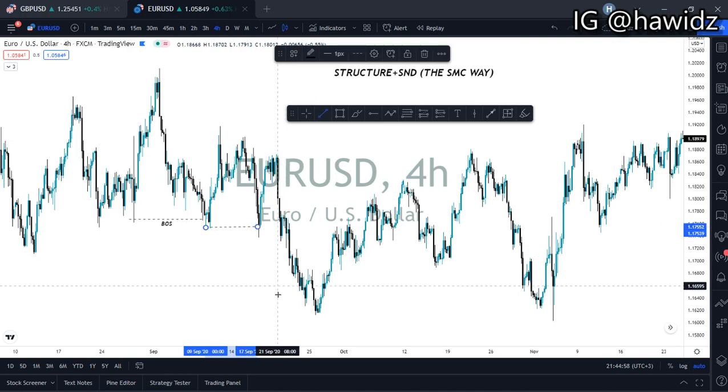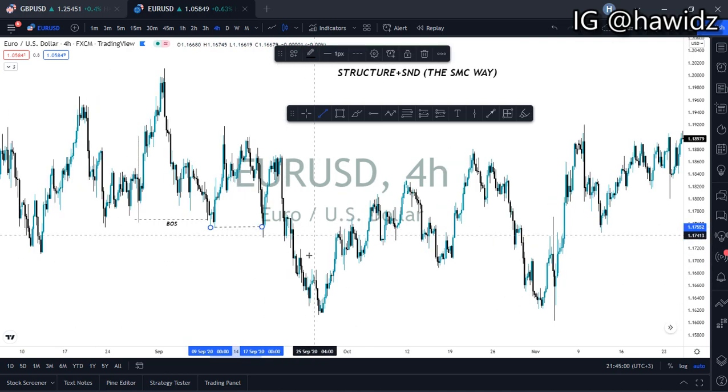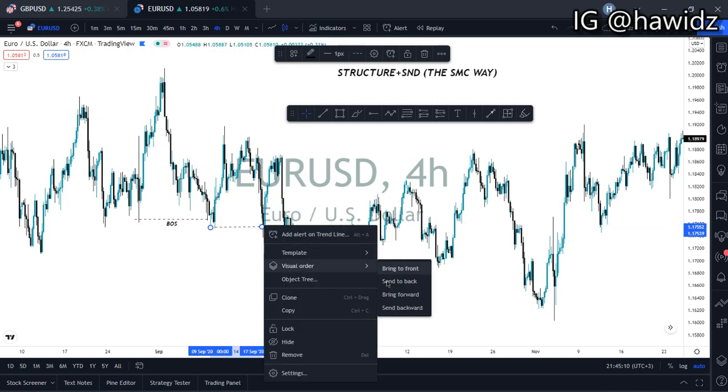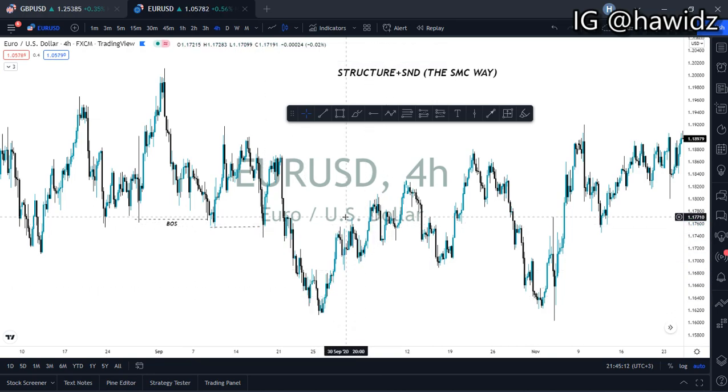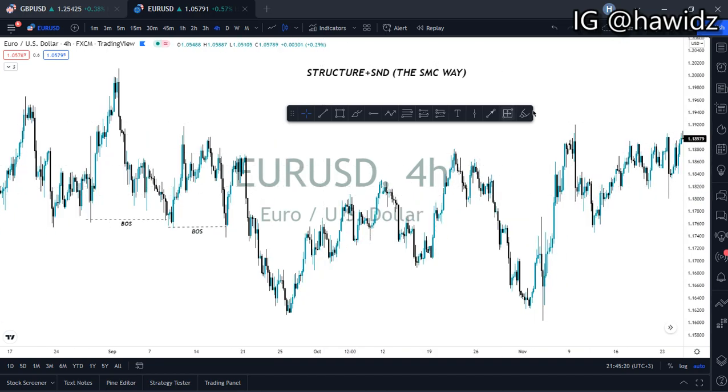So the minute price reached here, it failed to continue lower, right? And I'm going to be explaining these as we go on. When price reached here, it failed to break lower, and as a result it started going higher, creating a series of higher highs and higher lows.